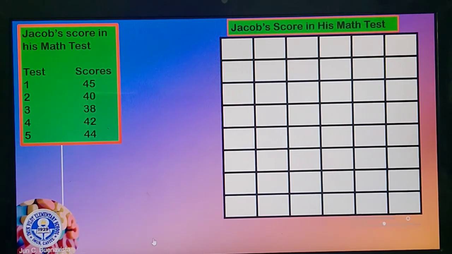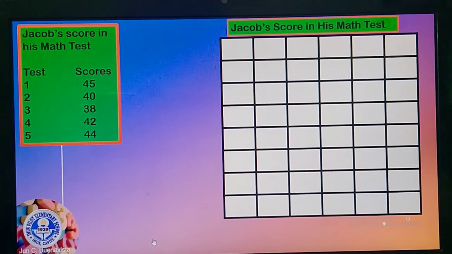So, our title, class, is Jacob's Score in His Math Test. Look at that. In making a title or writing a title, class, all the words must start with a capital letter.